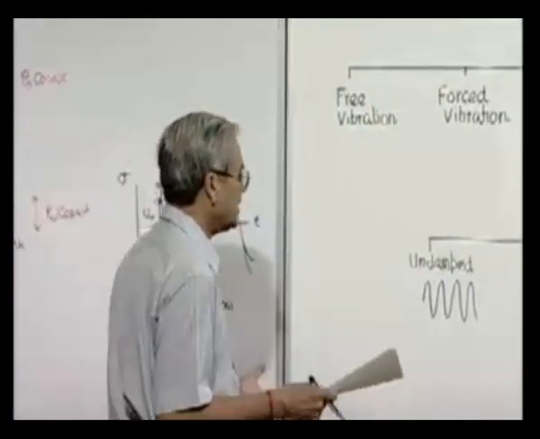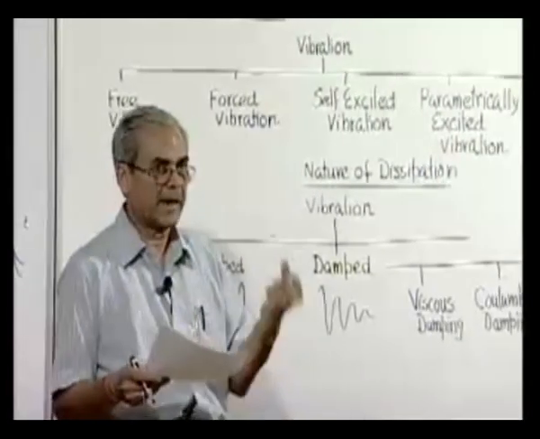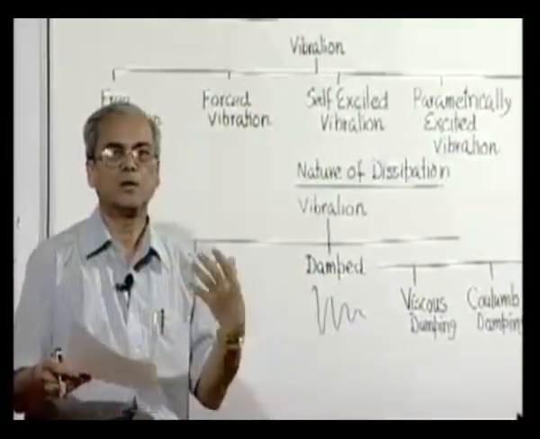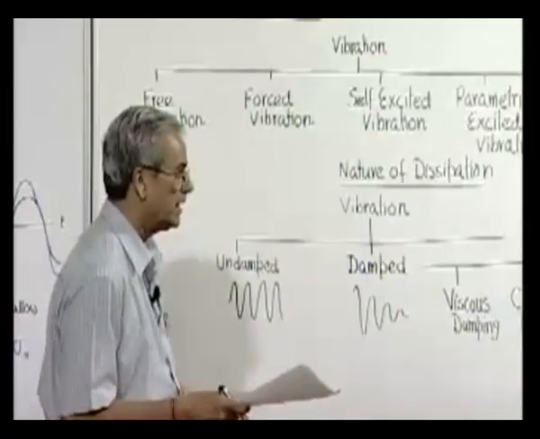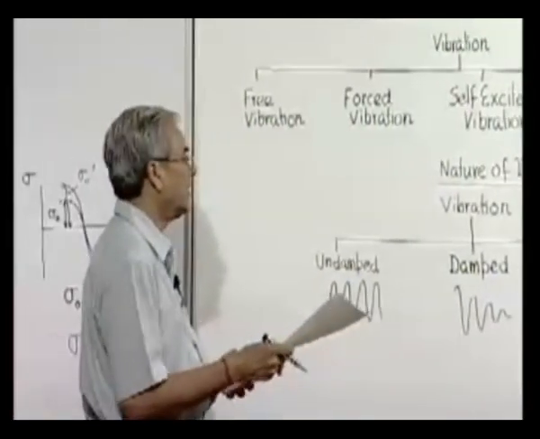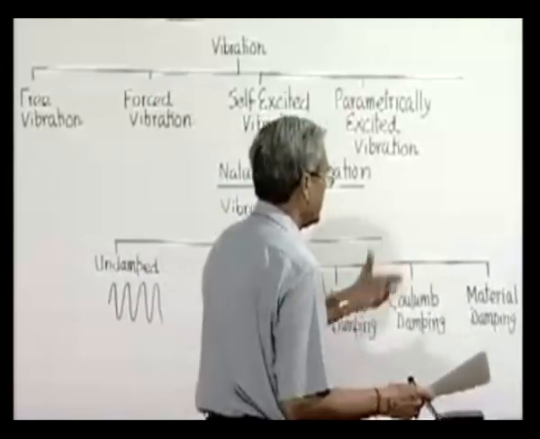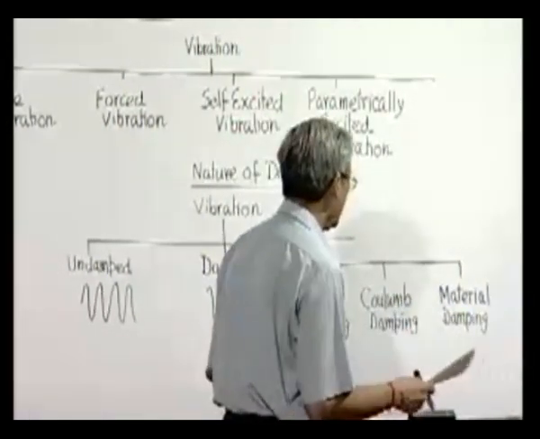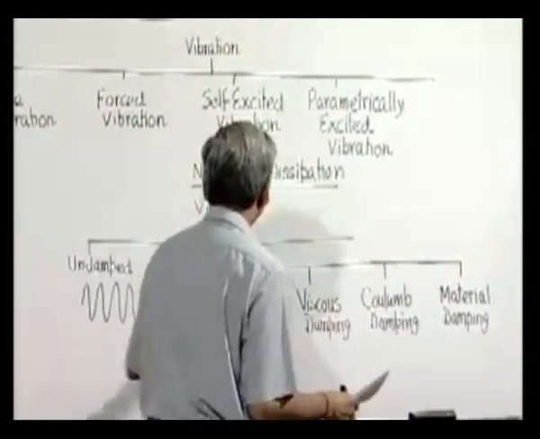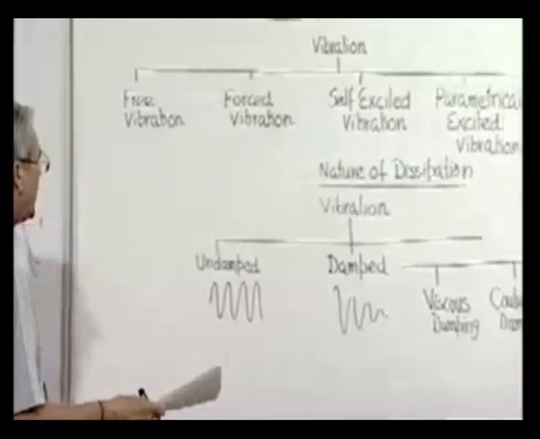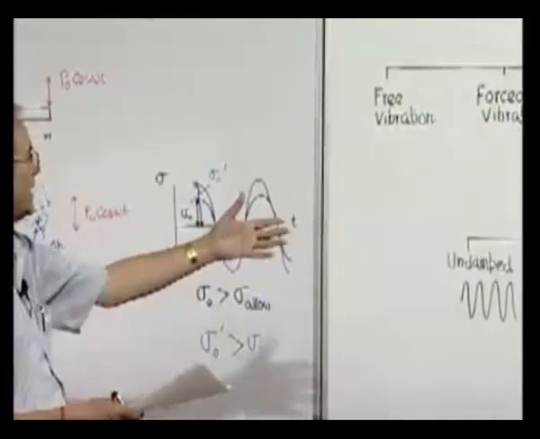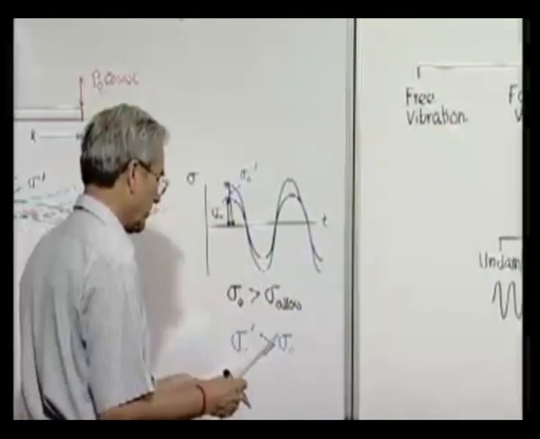Energy dissipation means that the mechanical energy is converted into the worst form of energy, that is heat. In most cases, sometimes a little bit of that is converted to sound also. So this mechanical energy is being converted into other forms. Therefore vibration problems can be handled according to the nature of energy dissipation present.